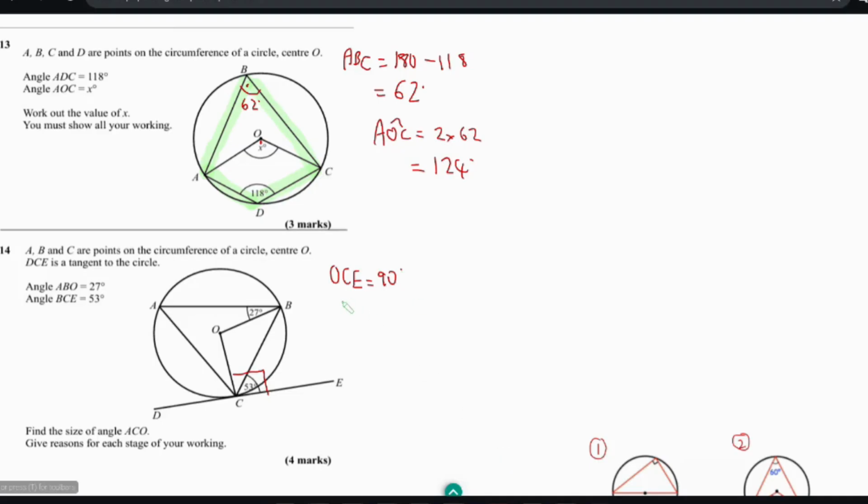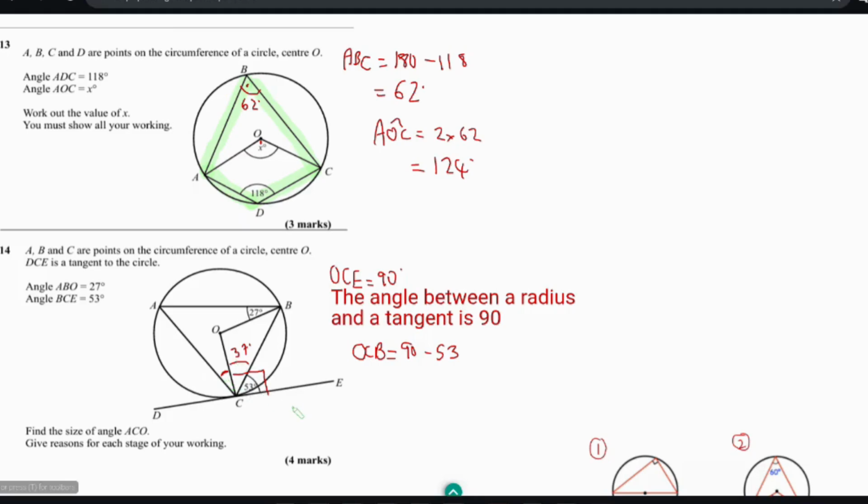And your reason is the angle between the radius and tangent is 90, which means that OCB is 90 take away 53. So we're looking at this angle here, 37. We want ACO, that's the angle we're looking for there.